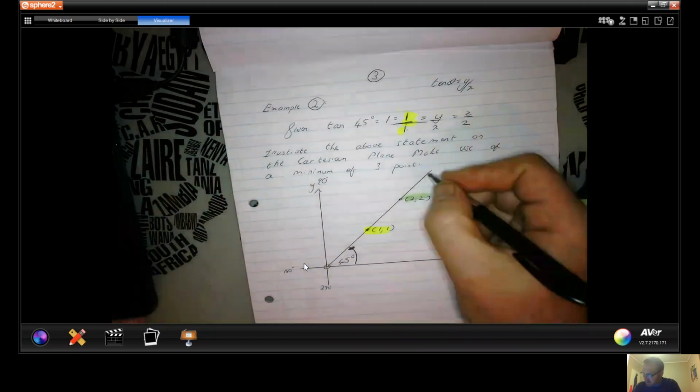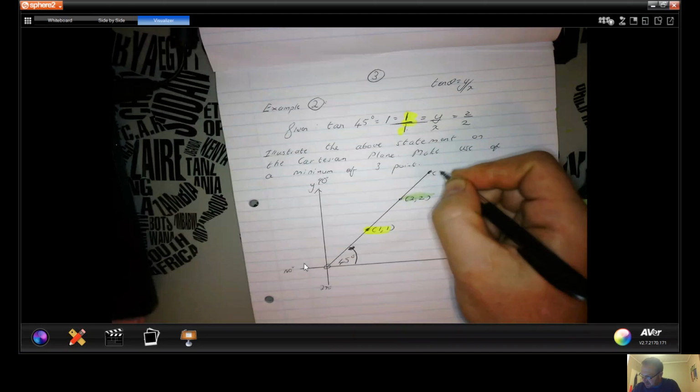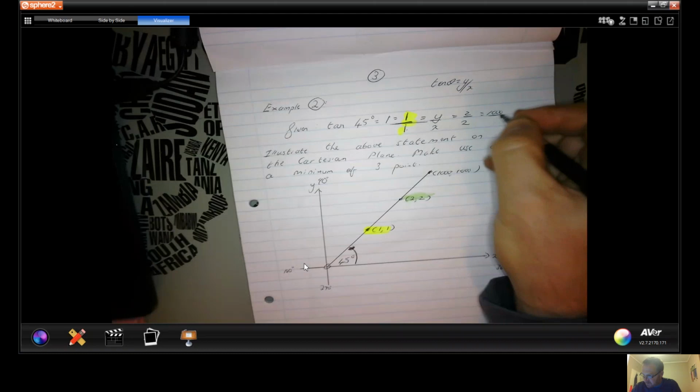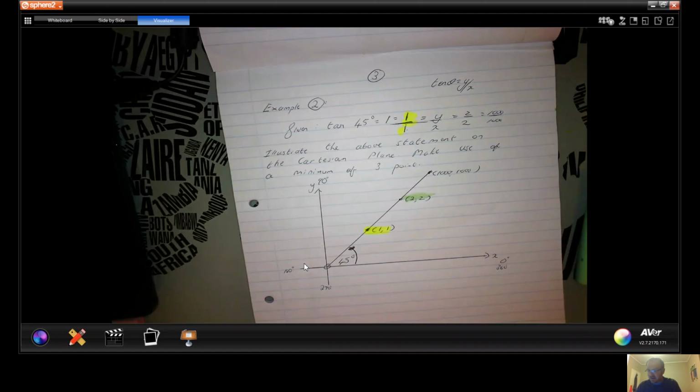Okay, and likewise, I could have, not to scale, 1,000 and 1,000. So those are 3 points which illustrate the fact that tan of 45 is equal to 1.